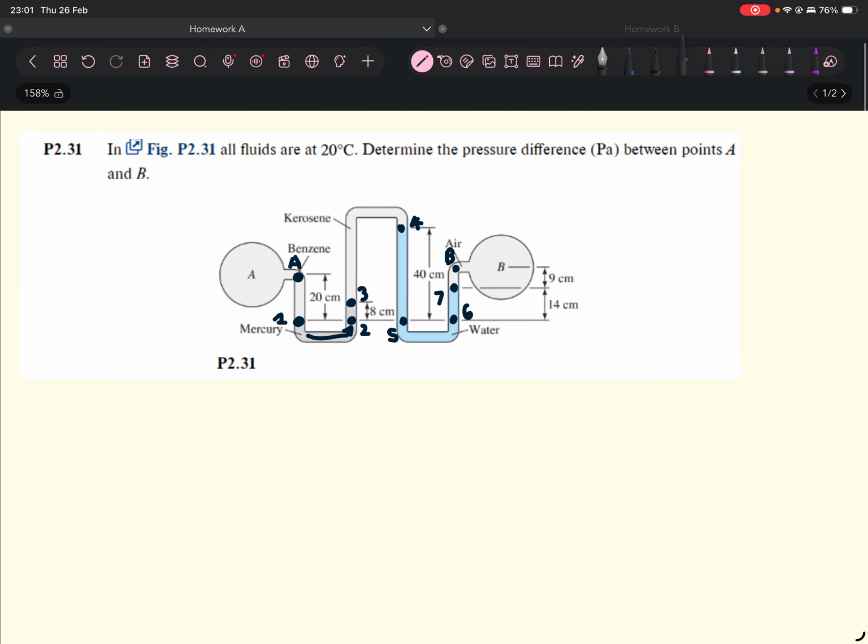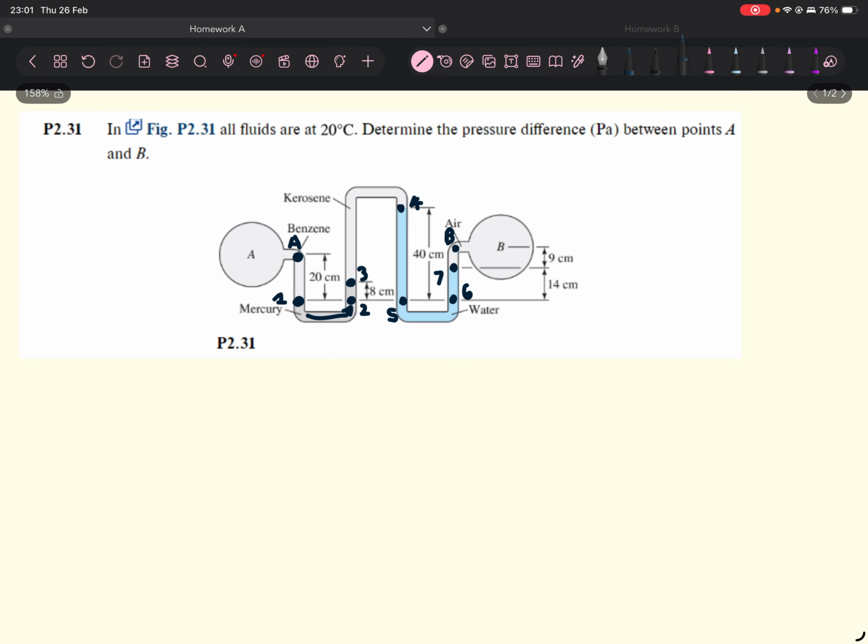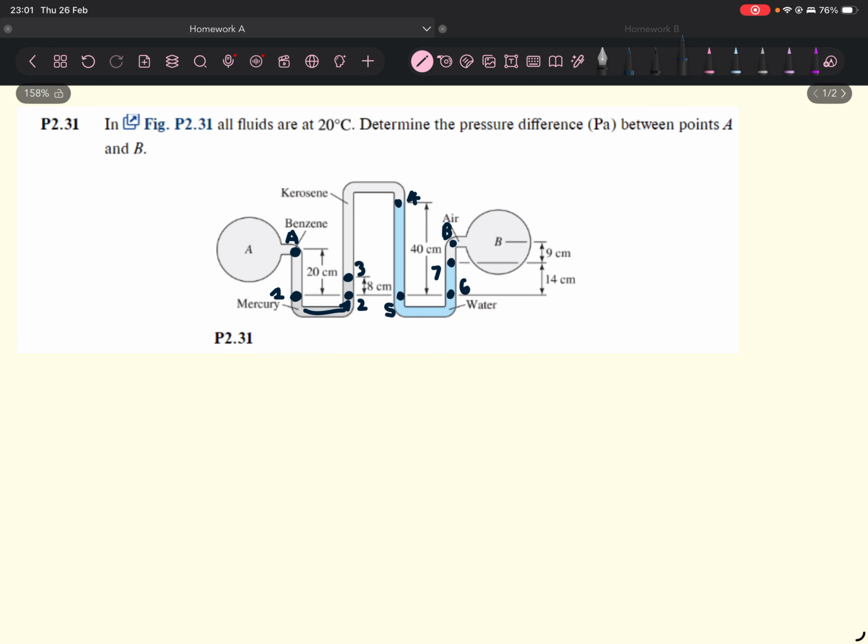Cool. So we want to determine the difference in pressure between points A and B. And this would be a pretty easy problem if there was a uniform fluid throughout.